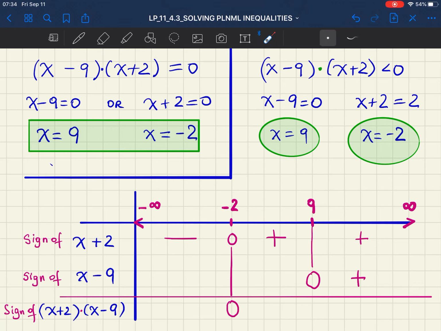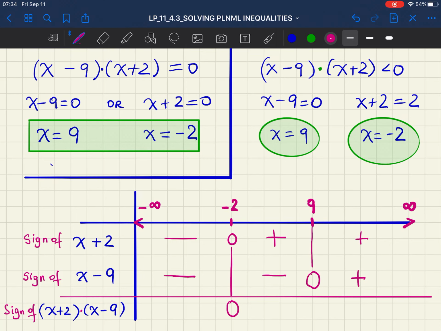And for values of x less than 9, think 8, 7, 6, -2, -300. So negative: 8 minus 9, negative; 5 minus 9, negative; 0 minus 9, negative. So all the numbers to the left of 9 will give x minus 9 a negative value.